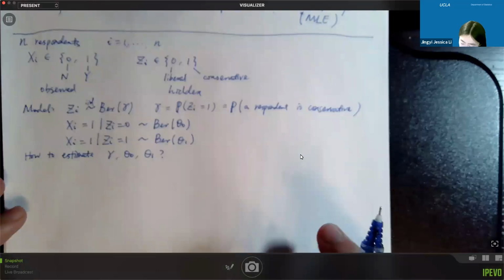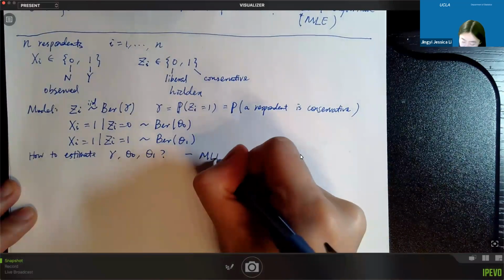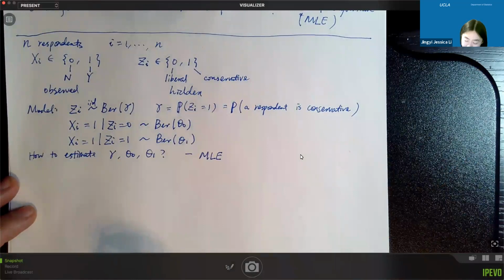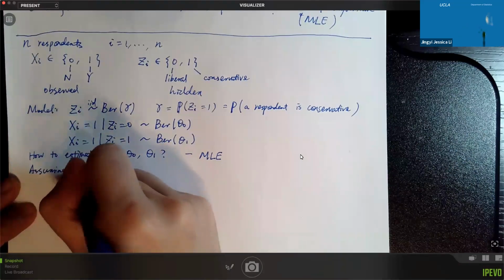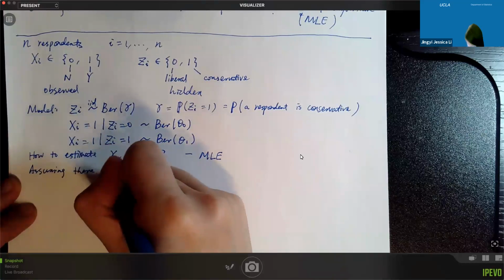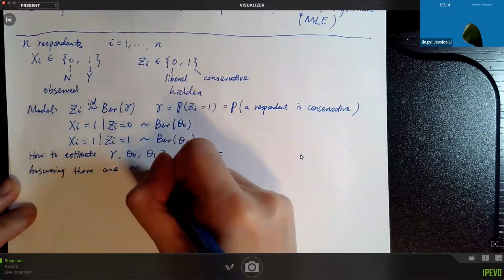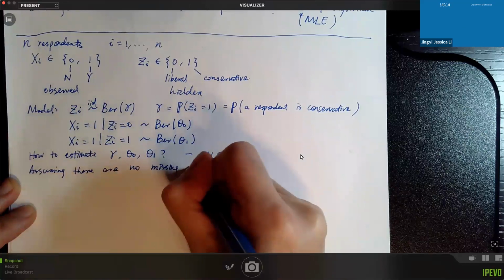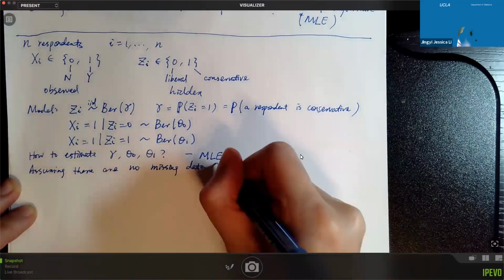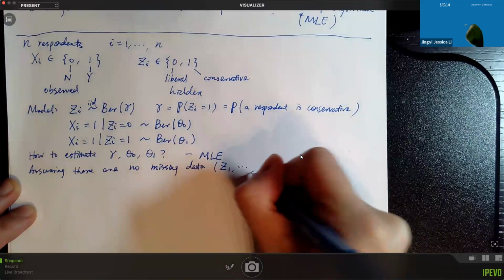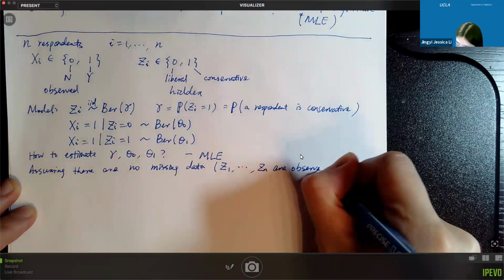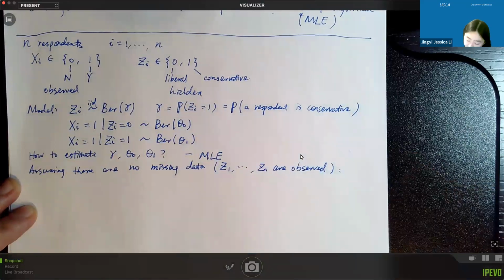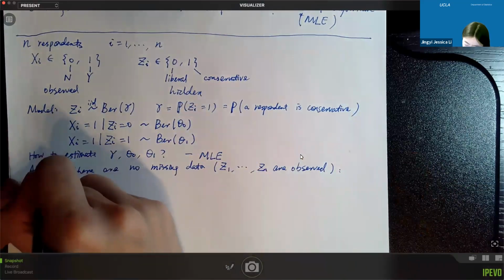To do that, we need to write down the likelihood. When we assume there is no missing data, that is, Z1 to Zn are observed instead of missing, we can write down what we call the complete likelihood.